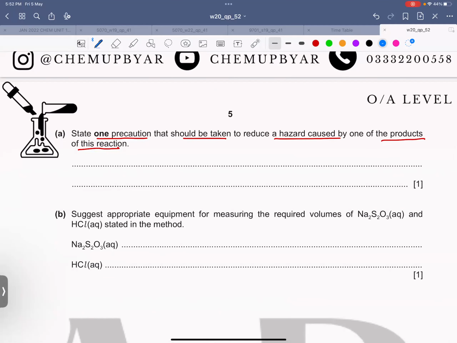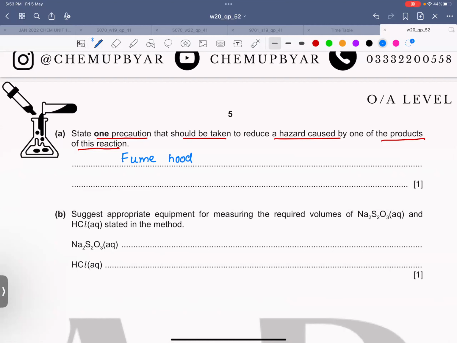Remember, you can either write fume hood or fume cupboard, so that the gas escapes from the fume hood to the outside of the lab and the inhalation of that gas would be prevented.